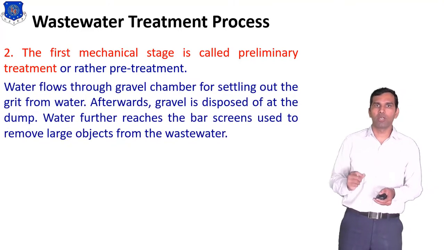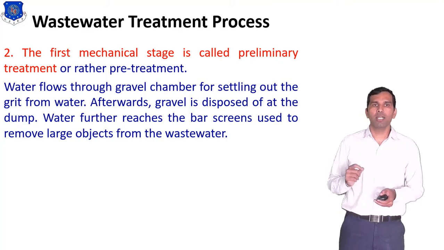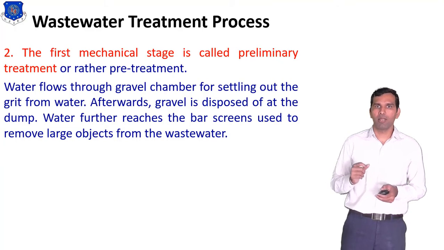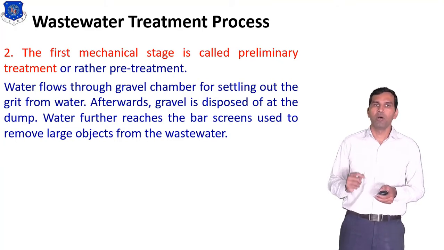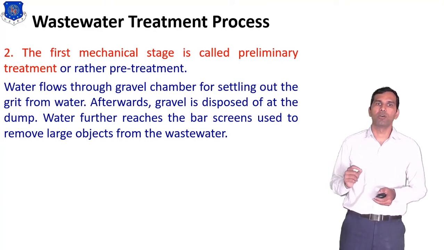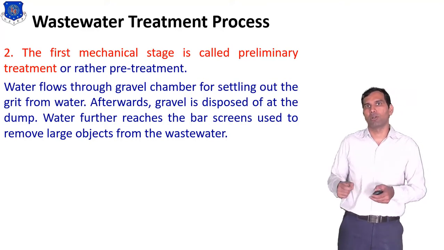Water flows through the gravel chamber, settling the grit out from the water. Afterward, the gravel is disposed of at the dump. Water further reaches the bar screen, used to remove large objects from the waste.